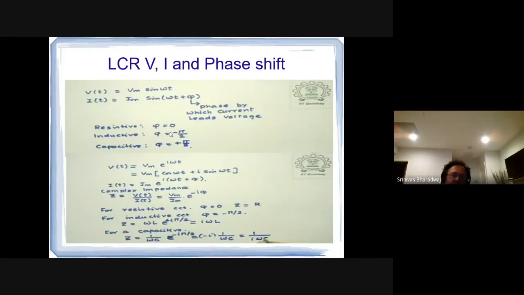You all know from de Moivre's theorem that e to the power of i theta equals cos theta plus i sin theta. Now if it was shifted, then you have e to the power of i times omega t plus phi. Now the V divided by the I is going to include all these terms.